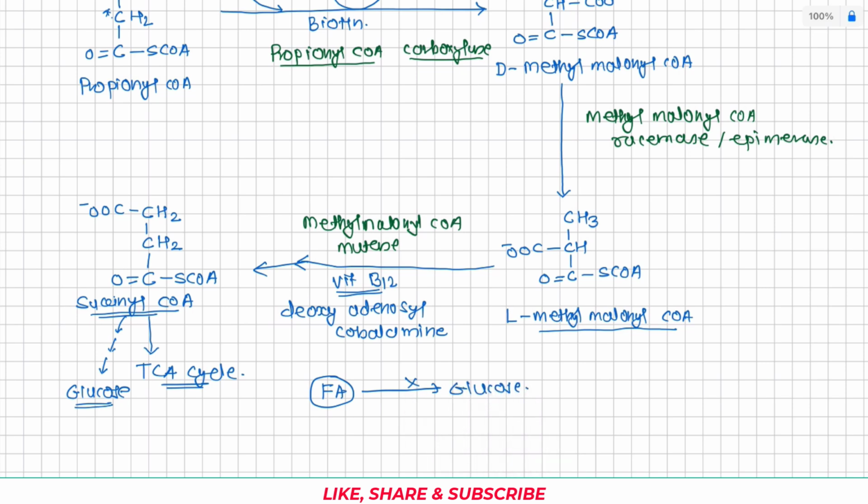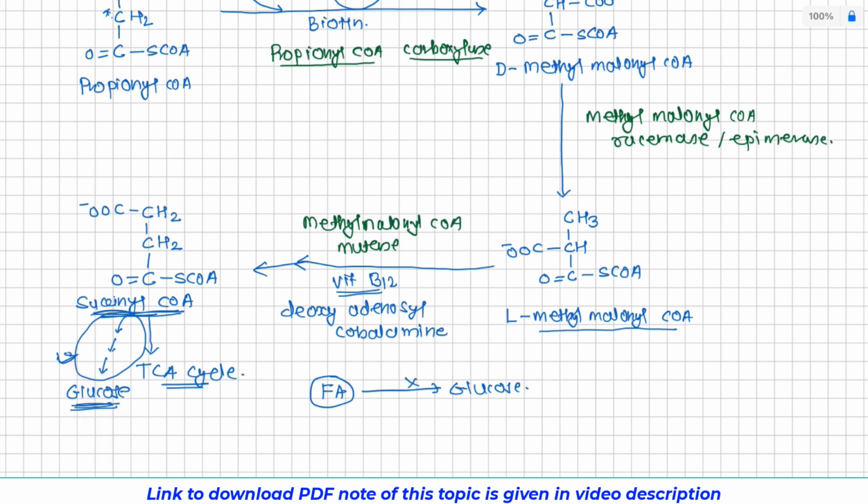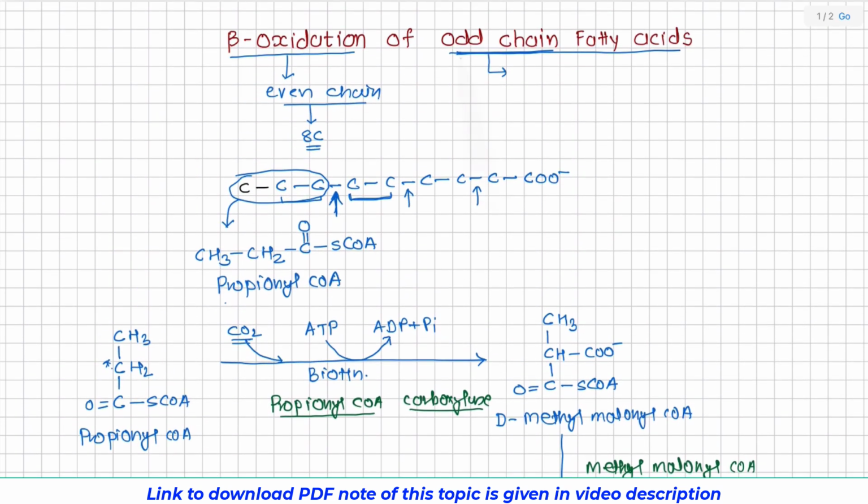But this is the one exception, that this succinyl coenzyme A can generate glucose. So you have to remember this as an exception. And this pathway by which glucose is generated is called the gluconeogenesis process. So basically, odd chain fatty acids can give rise to glucose.